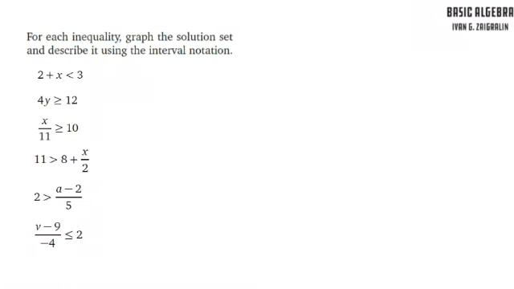The first inequality is 2 plus x is less than 3, and for each inequality we want to isolate constants on the right side and variables on the left side.